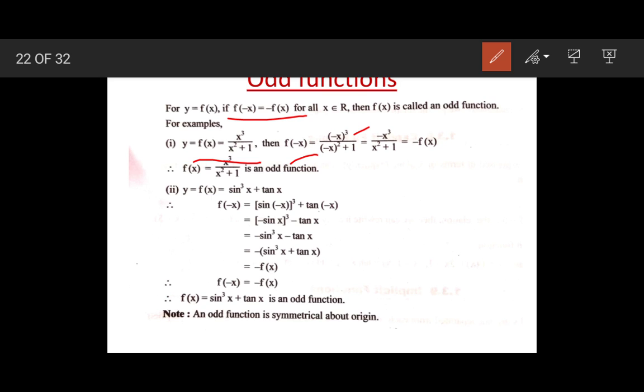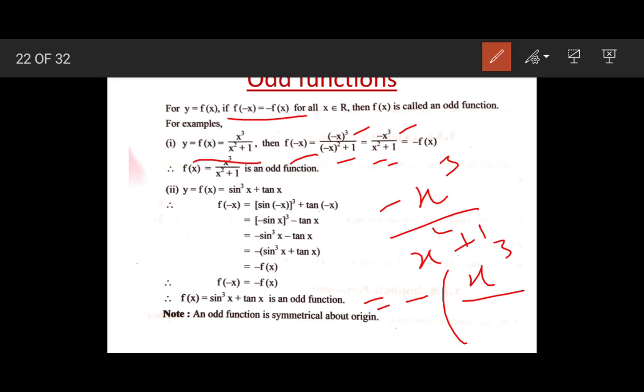So that will be minus x cube upon minus x square plus 1. Minus x square will be x square, so minus x cube upon x square plus 1, right?